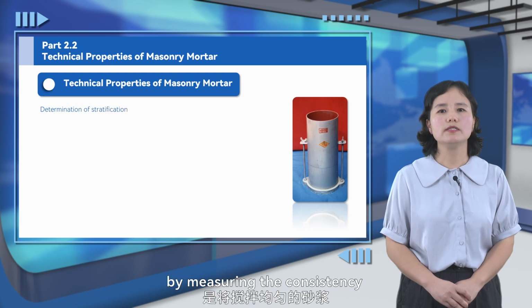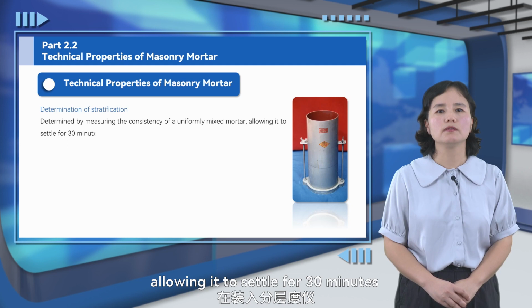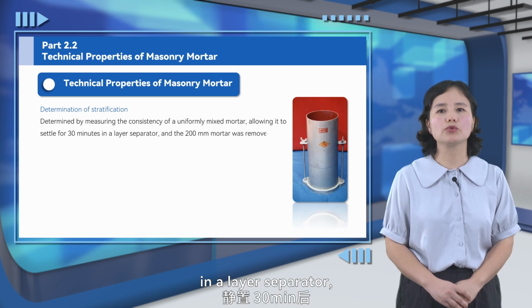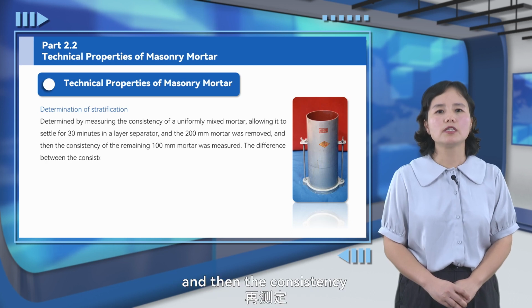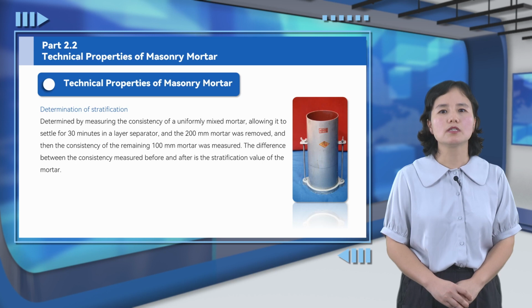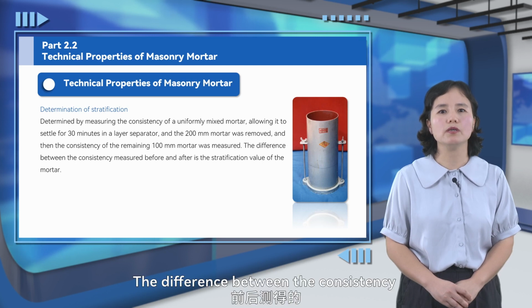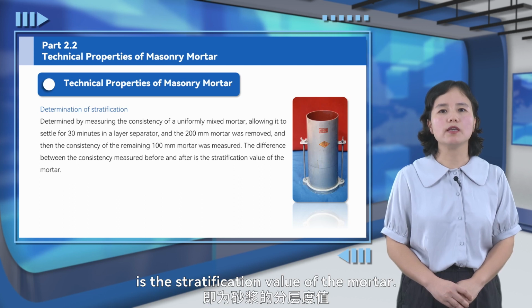Stratification is determined by measuring the consistency of a uniformly mixed mortar, allowing it to settle for 30 minutes in a layer separator, and the upper 200 mm of mortar is removed, and then the consistency of the remaining 100 mm of mortar is measured. The difference between the consistency measured before and after is the stratification value of the mortar.